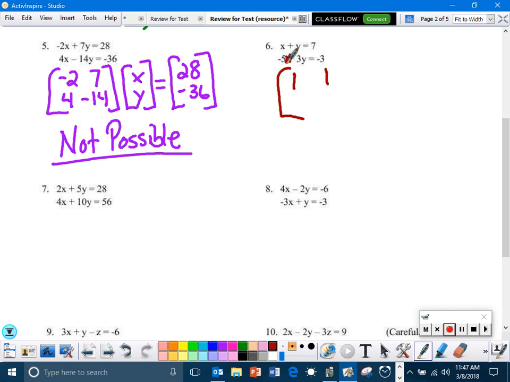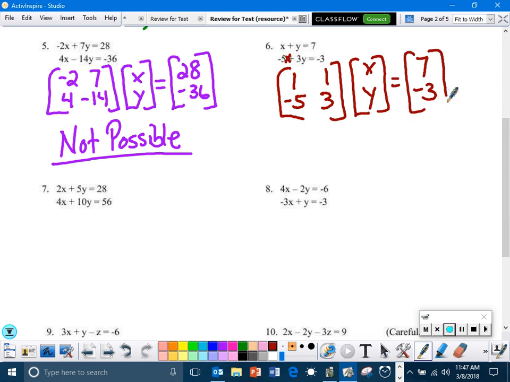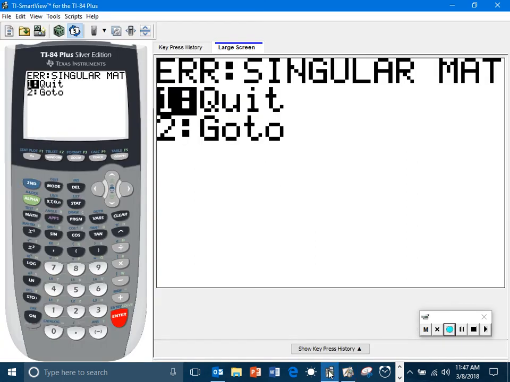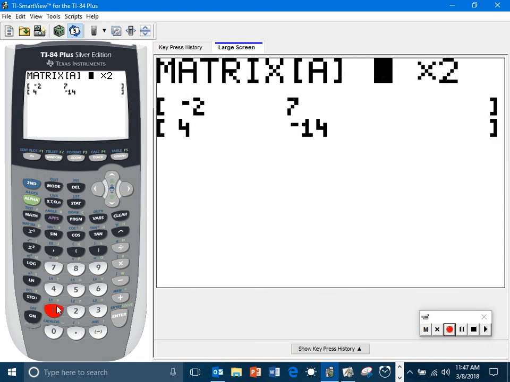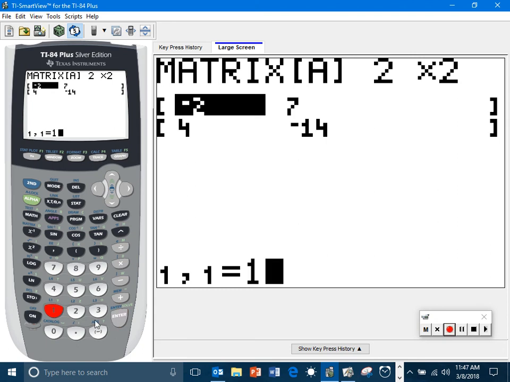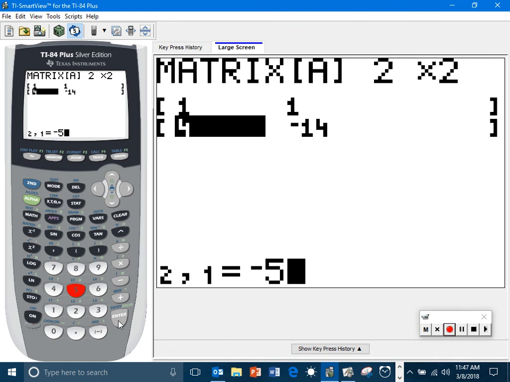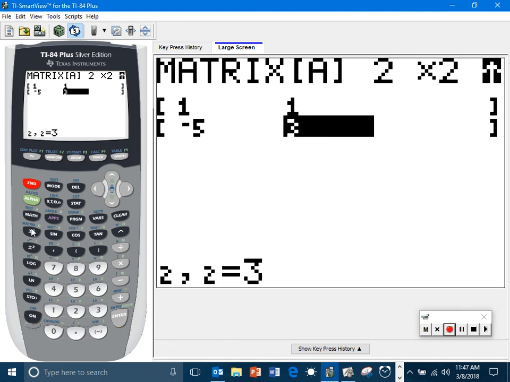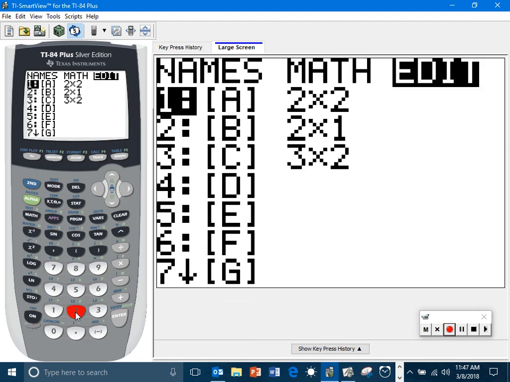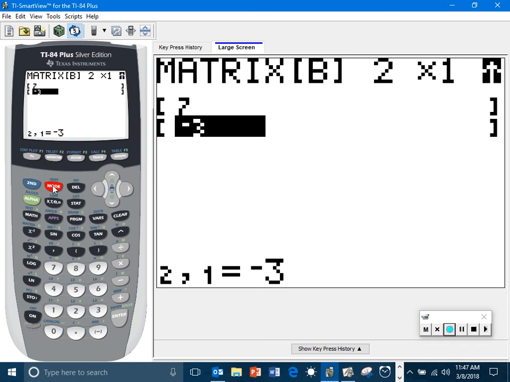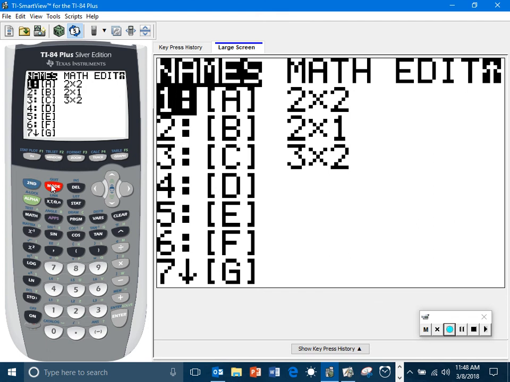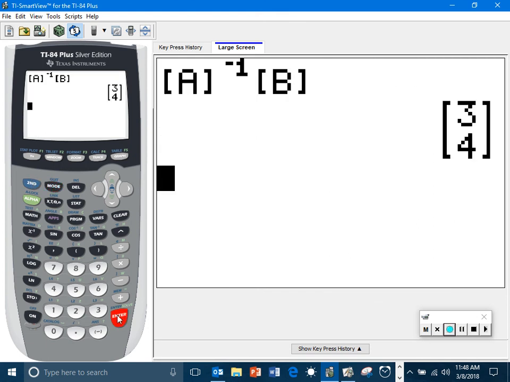There should be an X behind that negative 5. All right, 3, 4.